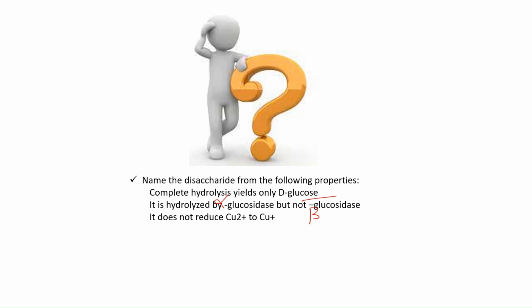That means to break the glycosidic bond, we need alpha glucosidase and not beta glucosidase. How do we get alpha and beta forms? That you know, right? So if we can degrade with alpha glucosidase but not with beta glucosidase, what does it mean? That you have to analyze. Third, it does not reduce Cu2+ to Cu+. Clear? So depending upon these three properties, you have to name the disaccharide.